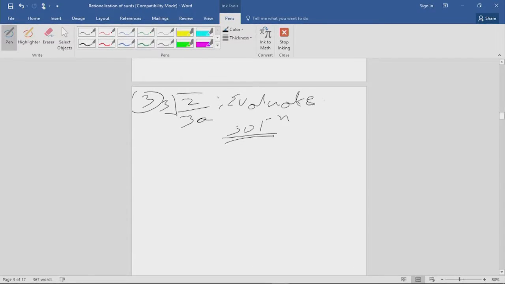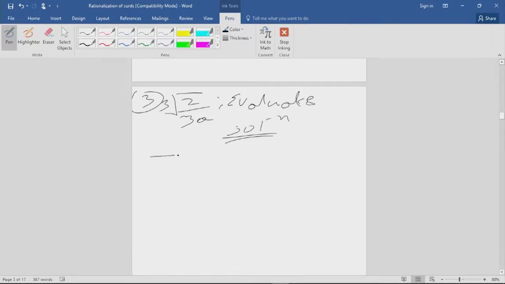We have been talking about problems wherein we have the square root. Okay, now we are going to the cube root. How can we solve problems under the cube root? There is a problem here which says the cube root of 2 upon 3a.